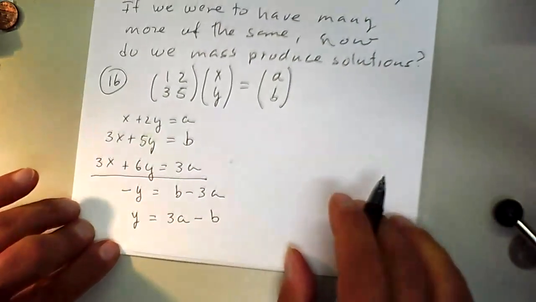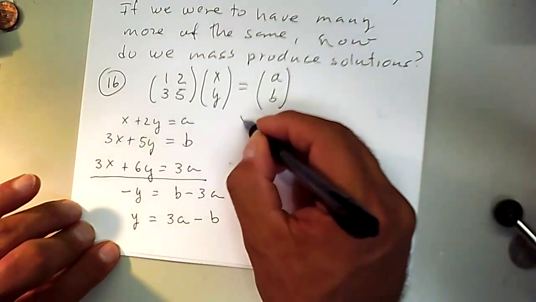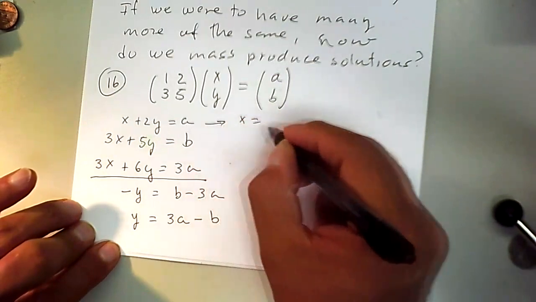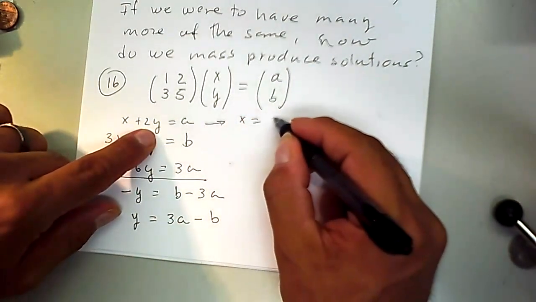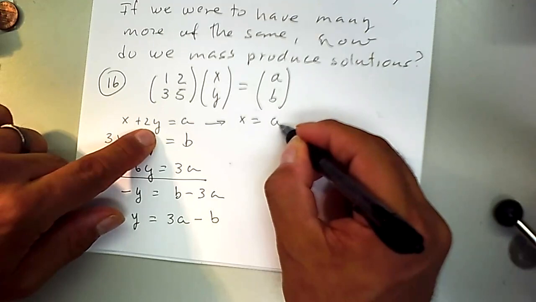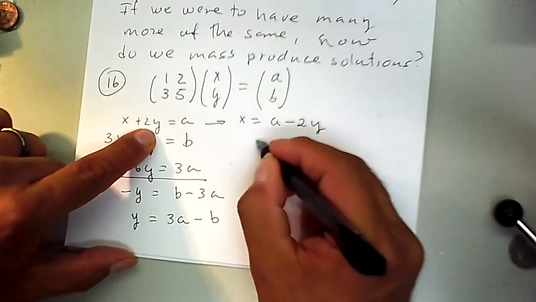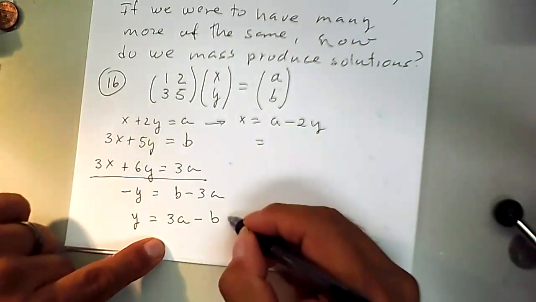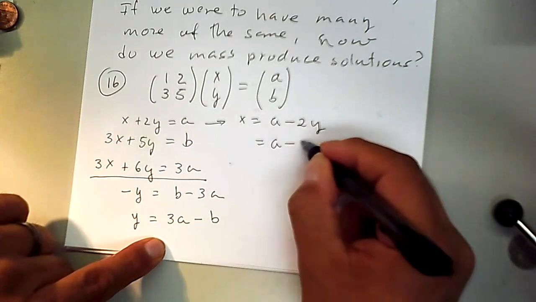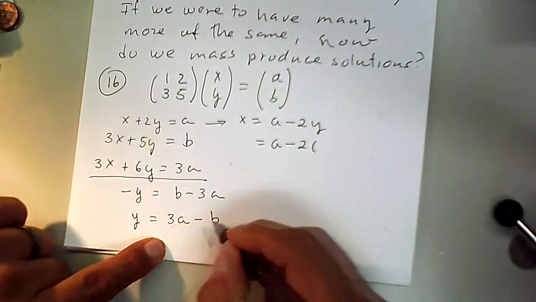And then x from there is a minus 2y, but we already know that y is 3a minus b.